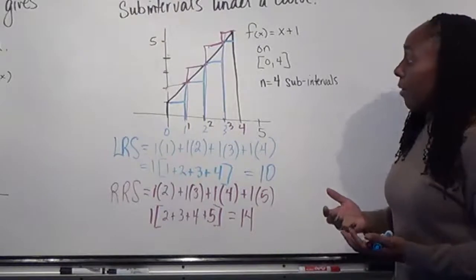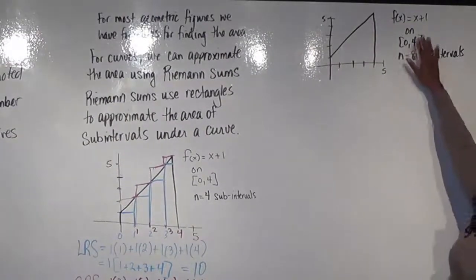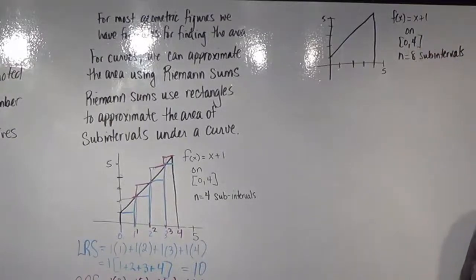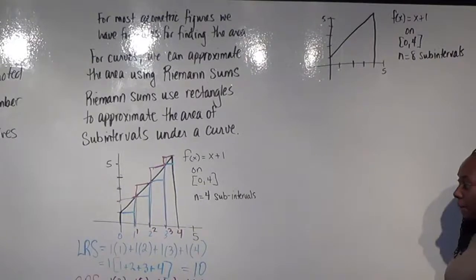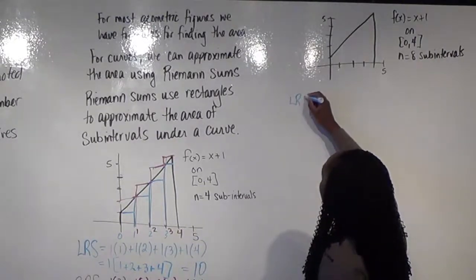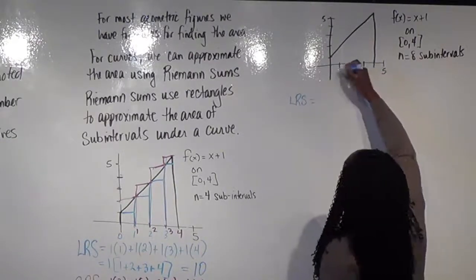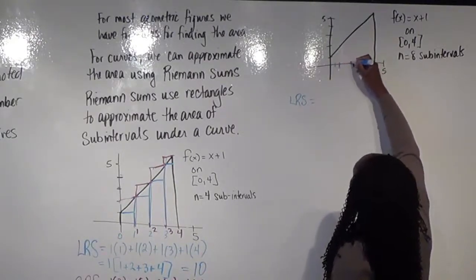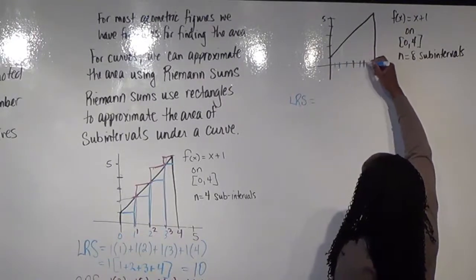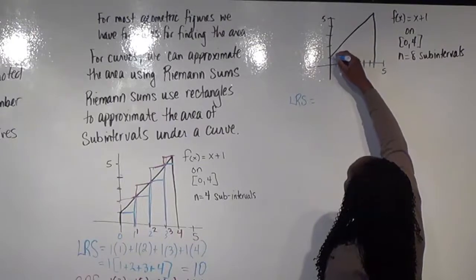That may not be apparent just yet, so I'm going to look at this one more time. Let's look at that same function on the same interval, but now let's look at 8 subintervals. For my left Riemann sum, I'm going to divide this into 8 subintervals and use the left-hand endpoints.